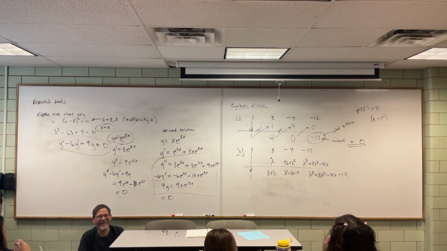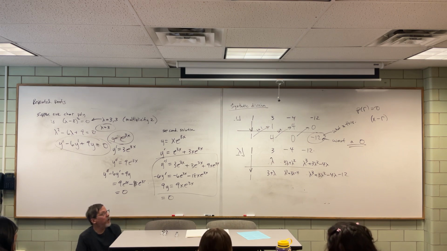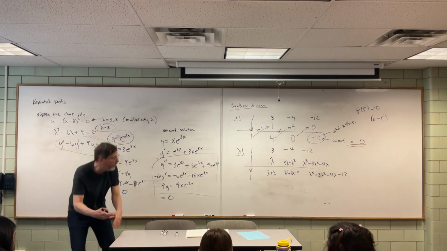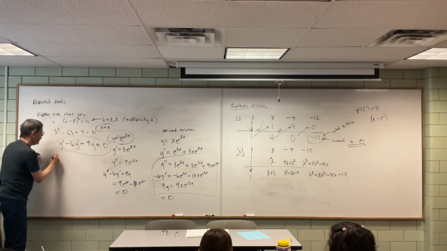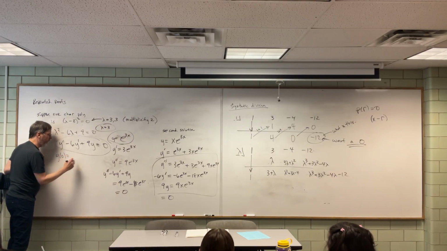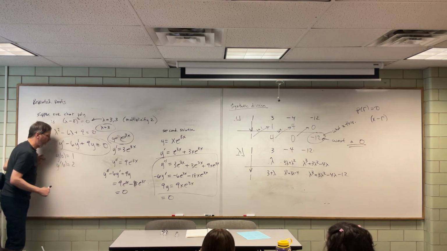Why do we need a different second solution? Is it just for funsies, or will we learn more about that later? No, it's just that right now we don't have the full gamut of solutions. So Kendra, we have a second order equation here, right? What if I gave you some initial conditions? y at 0 is 1, y prime at 0 equals 2.